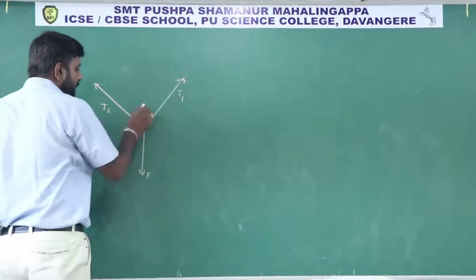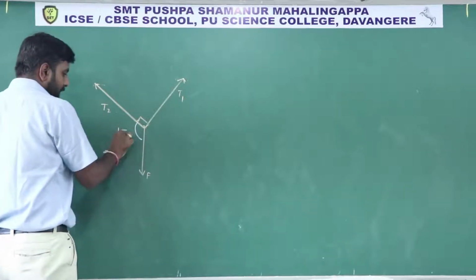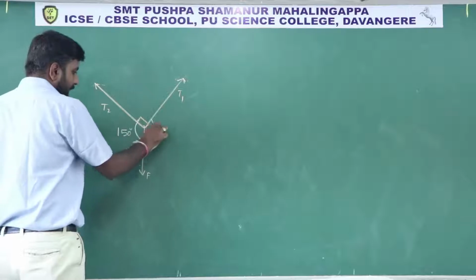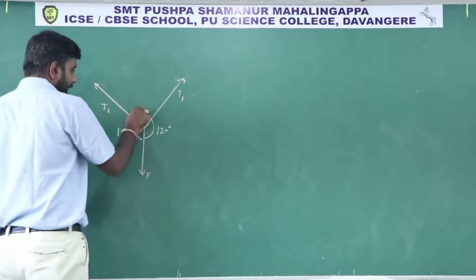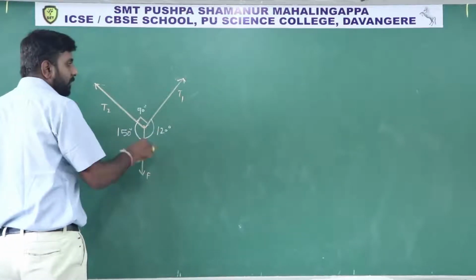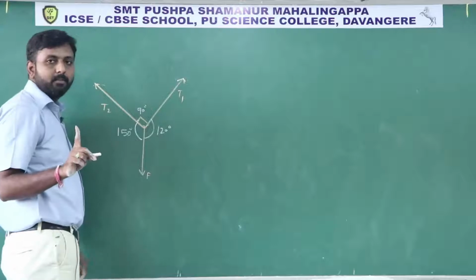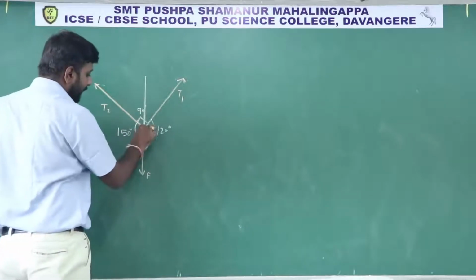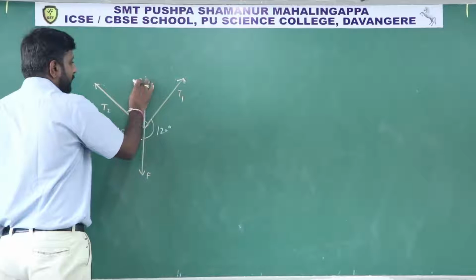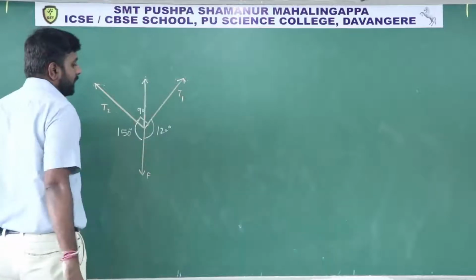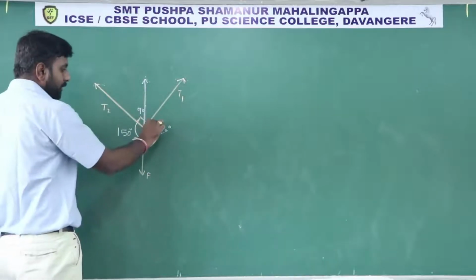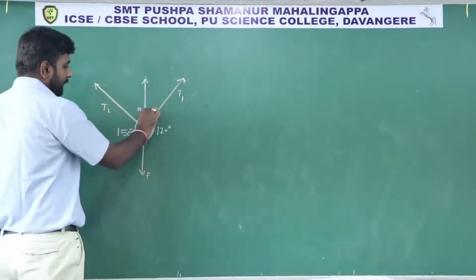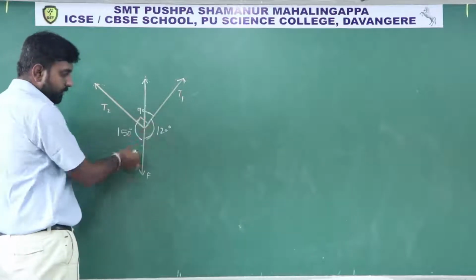For T1, this angle is mentioned as 150, this angle is 120 and this is 90 degrees, isn't it? So it has two components. One component we take exactly opposite to the F force. This is one component. Then this is 120 degrees, and the total is 180, right?